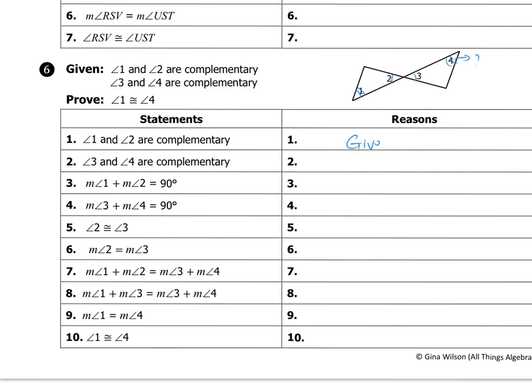So let's mark out what we have been given. 1 and 2 are complementary. 3 and 4 are complementary. And therefore, 1 and 2 add up to 90, and 3 and 4 add up to 90, in steps 3 and 4. And that's the definition of complementary angles.